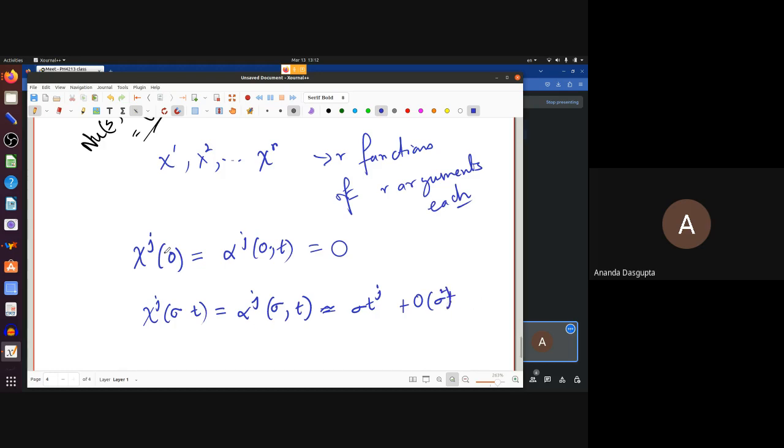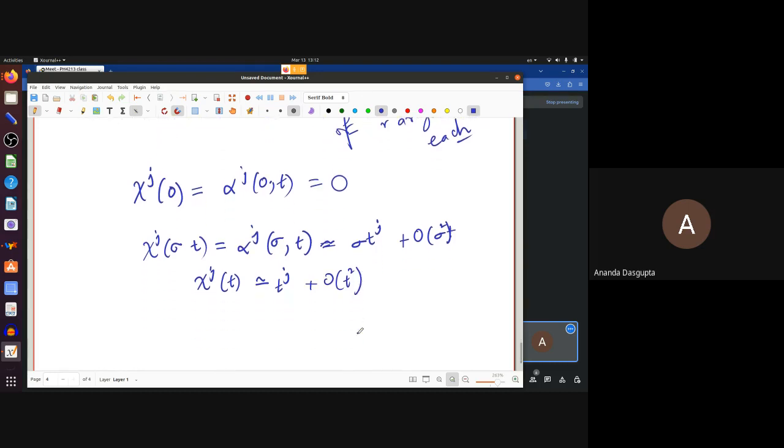Okay. So chi j, when you give it t as an argument, a small t, it's like tj. Right? I'm just calling sigma t here the actual argument given. Plus, of course, order t square terms. T square meaning t1 square, t2 square order terms.